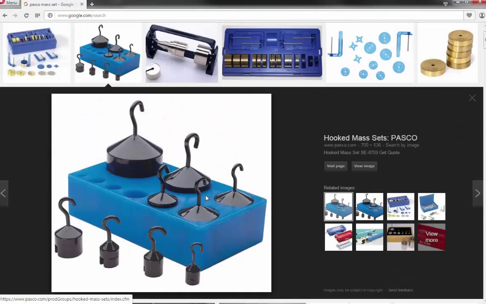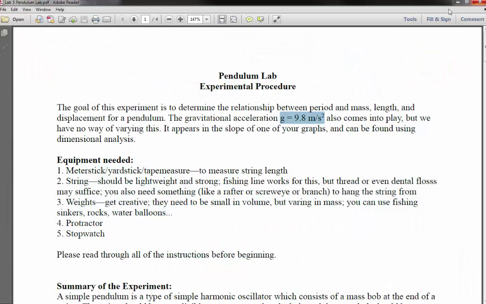You, however, may not want to spend so much money for a weight set like this that you're probably going to use once or twice, depending on if you bought something like this for the Springs lab. I wouldn't blame you if you said I don't want to do that, so you may try something else like a water bottle or a water balloon that you can add some water to.